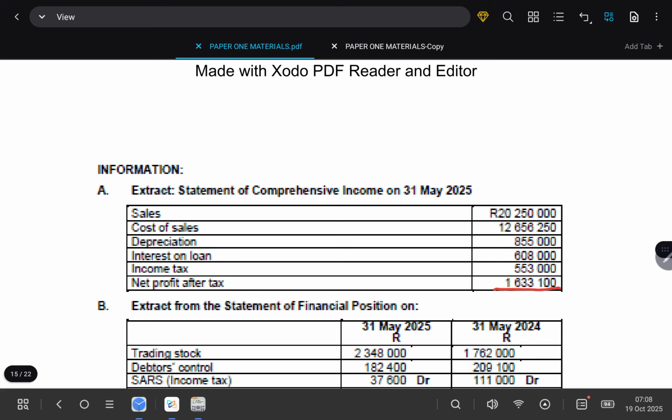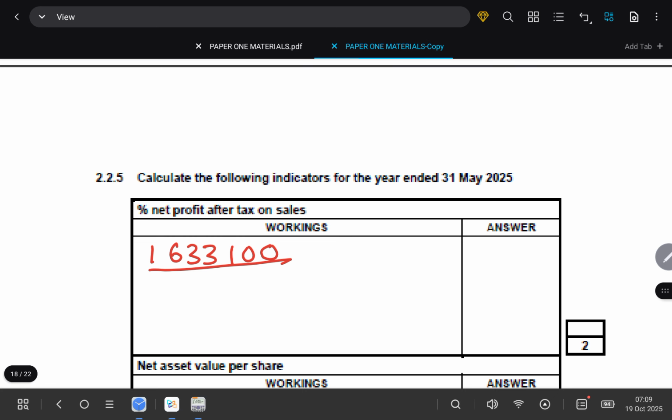You will say 1,633,100. You divide it by our sales. Our sales, according to this information, is 20,250,000, and then you multiply by 100, and then it will give you the answer. So I'm just quickly going to show this on the calculator.